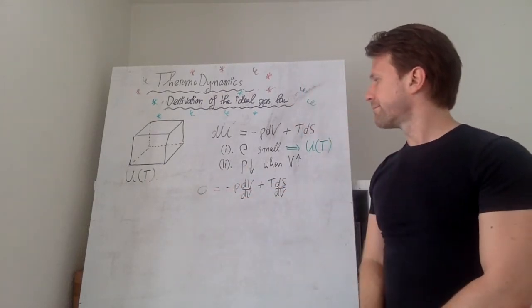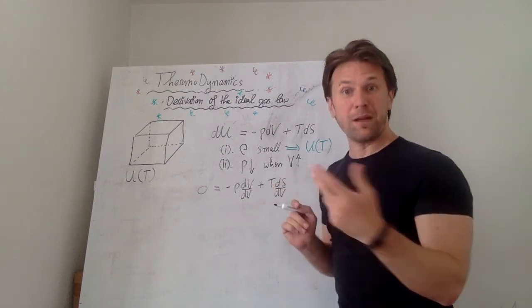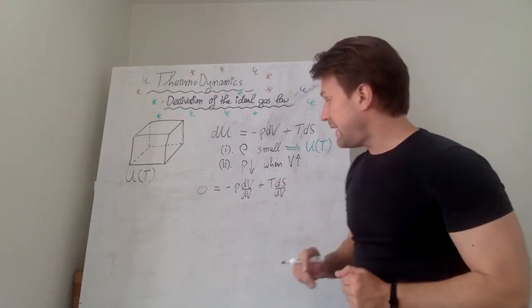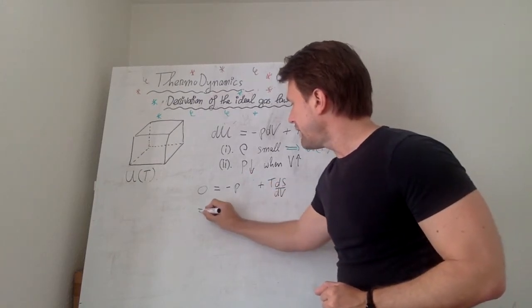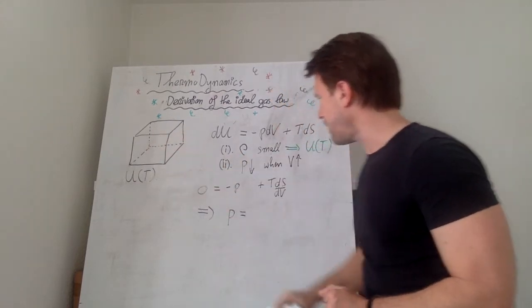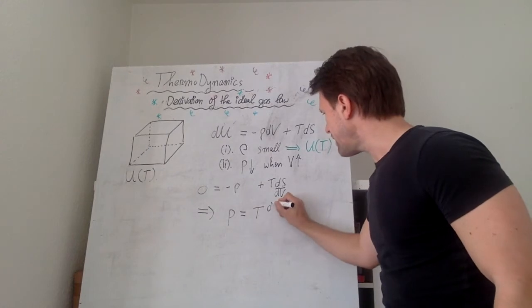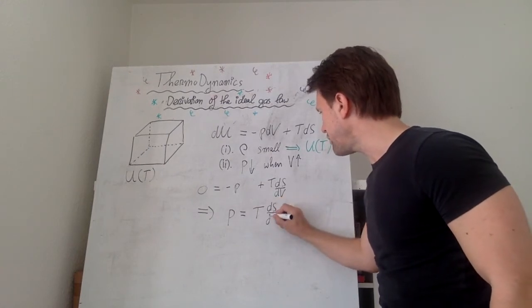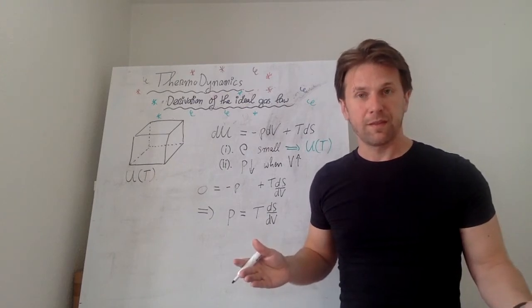Over here I have the volume, and the derivative with respect to volume is exactly equal to 1. So might as well remove this. And then what I end up with is that the pressure of the stuff in the box, according to the first law of thermodynamics, is given by the temperature times the derivative of the entropy with respect to V. So this is what I've now found.